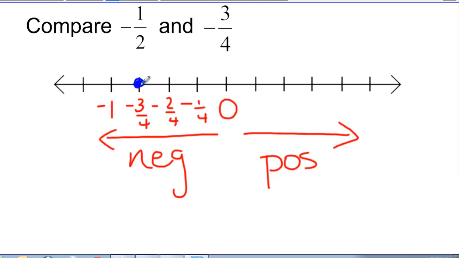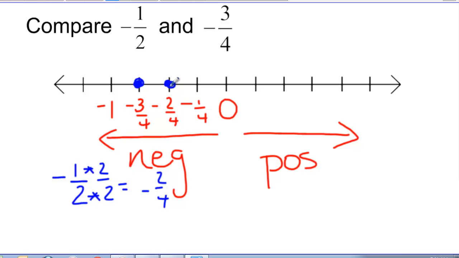And -1/2, if I change that into fourths, I would need to multiply my numerator and my denominator both by 2, and I would still have a negative, and I would have -2/4. Because here I've multiplied a negative times a positive, and a negative times a positive is negative, so I have -2/4, and I could graph that on my number line right here.